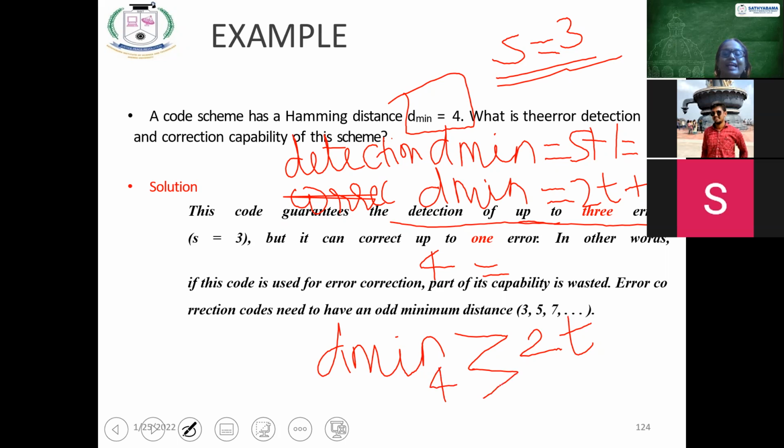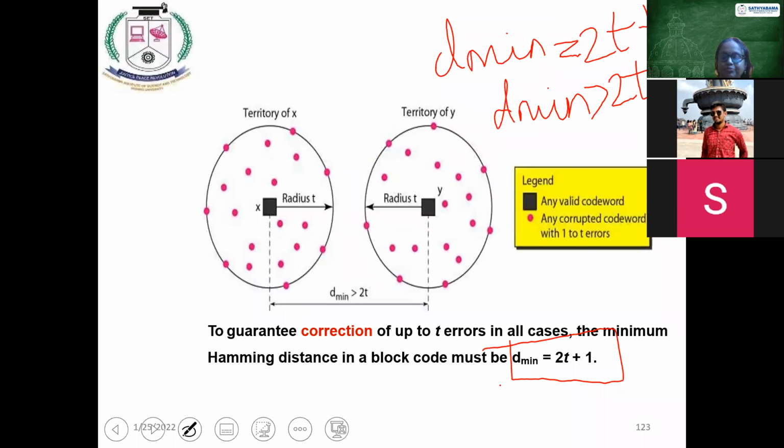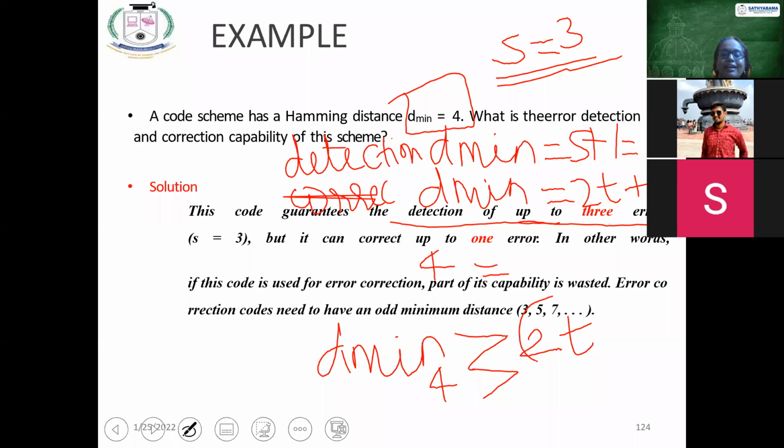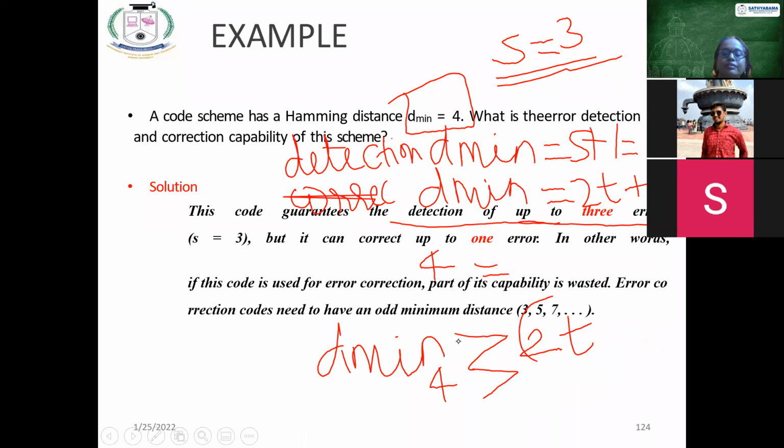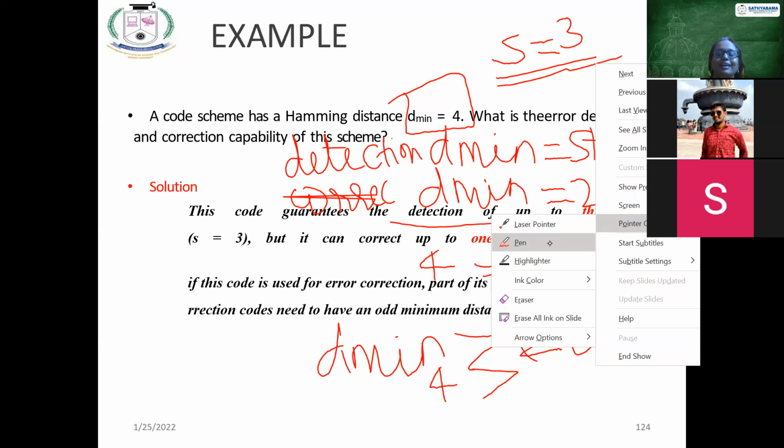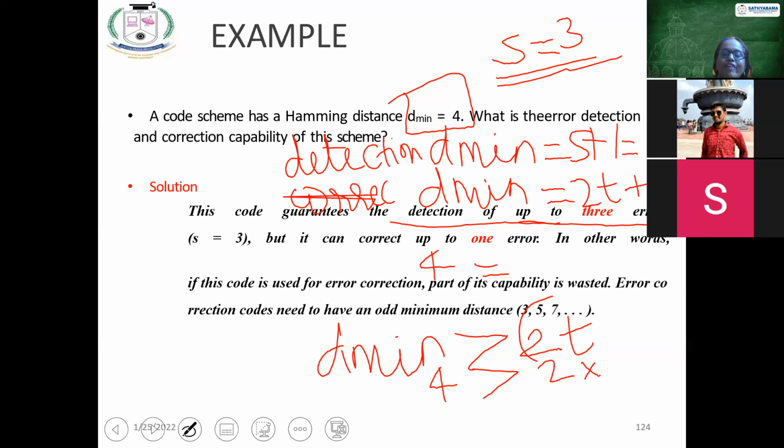How many errors will it correct? What will be my t value? 1.5. 1.5 is not possible, so we will round off to 1. Now we say it can correct only one error. If I keep t equal to 2, that's not possible.